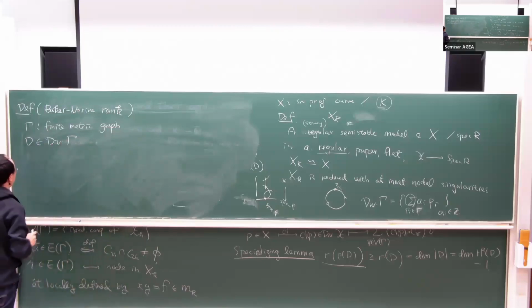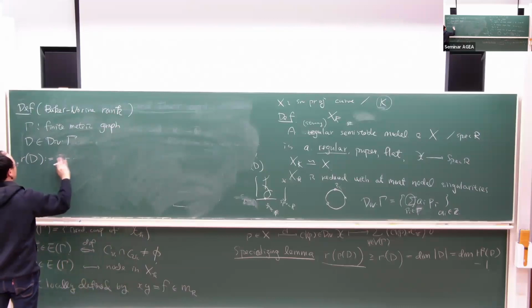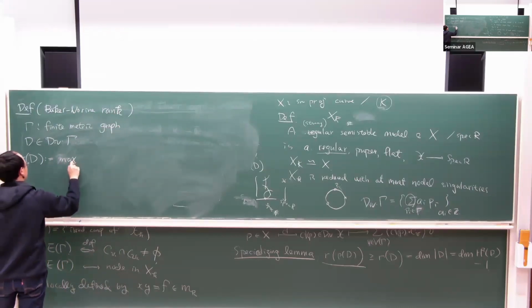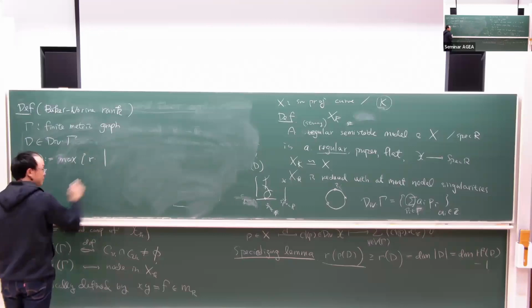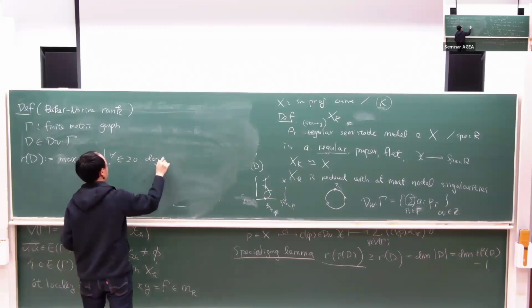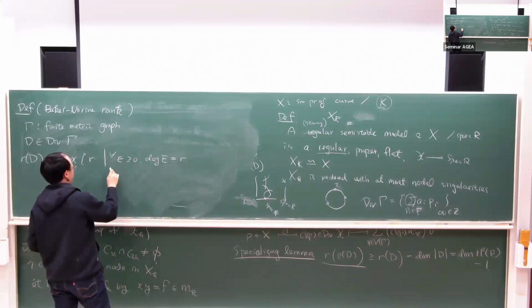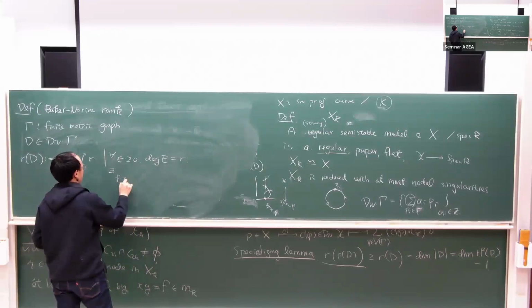So we define the rank of D to be the largest possible number R such that for any effective divisor with degree equal to R, there exists a rational function.